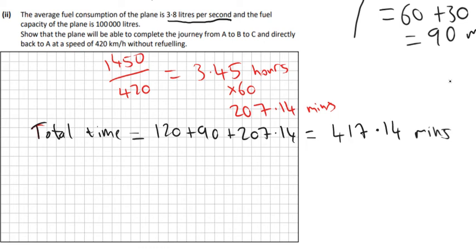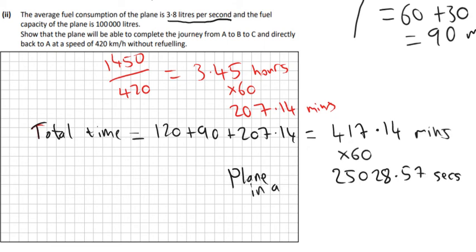So we need to just convert this into seconds. So if I times it by 60 again, it'll convert it into seconds. So it's 25028.57 seconds. So the plane is basically in the air for that amount of seconds.